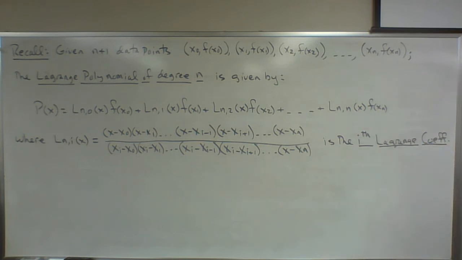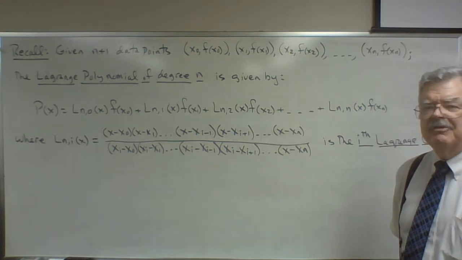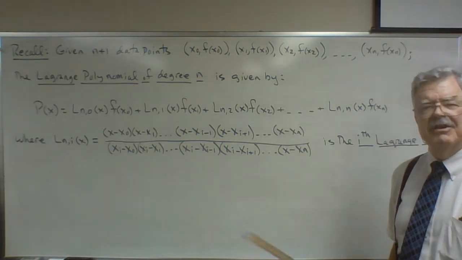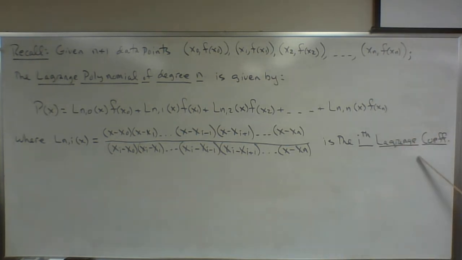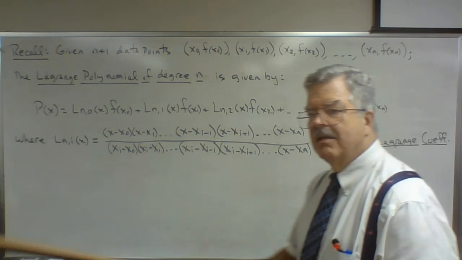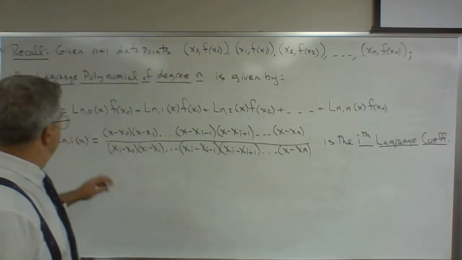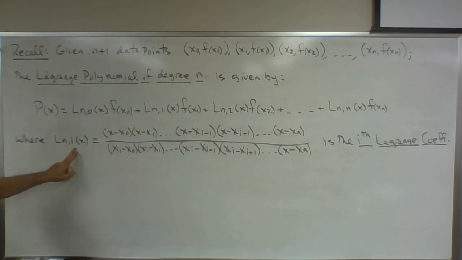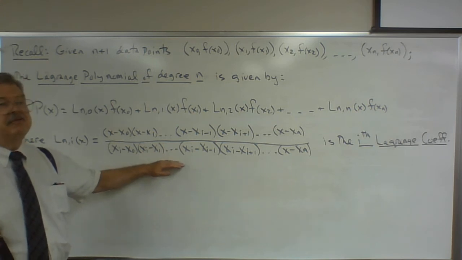Now, let's put into practice the observations that we made just a couple of minutes ago. Oh, wait a minute. I do need to say something else. This is the ith Lagrange coefficient. And the ith Lagrange coefficient is a polynomial of degree n.